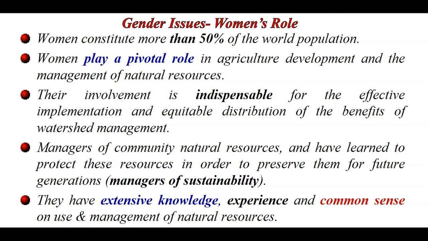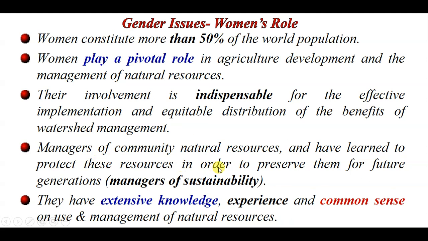So, what is the women's role in the gender issue? As you know, women constitute more than 50% of the world population. Women play a vital role in agriculture development and the management of natural resources. This is true. Their involvement is indispensable, very necessary, for the effective implementation and equitable distribution of the benefits of watershed management.